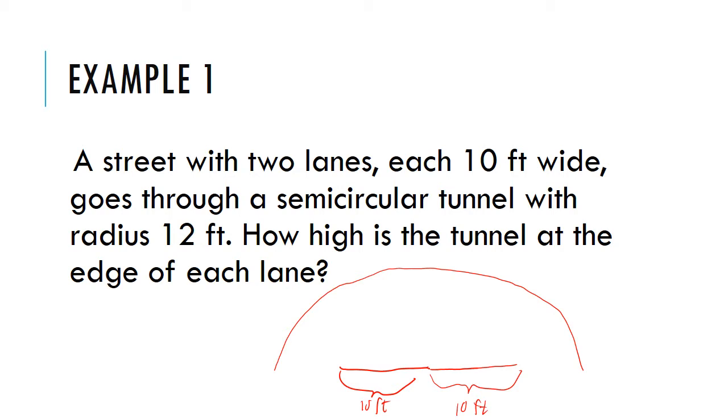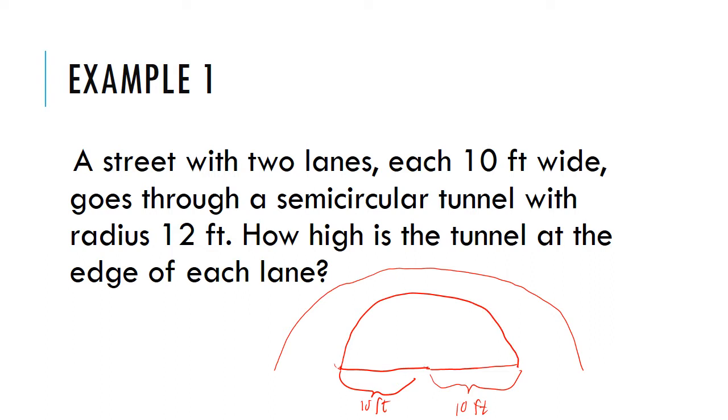Maybe you are asking, bakit po yung tunnel medyo malayo dun sa street? Because the radius is 12 feet. If the arc of the tunnel would start on the edges of the street, it should look like this, partially.